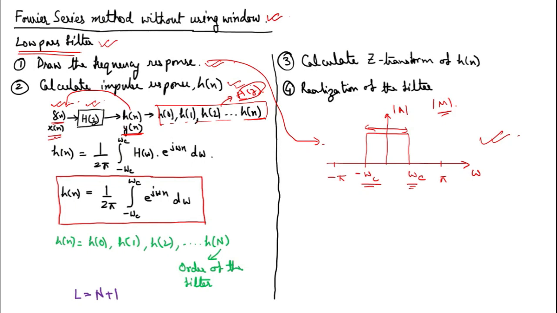Am I clear? Because what we have discussed is y[n] is given by x[n] convolved with h[n].